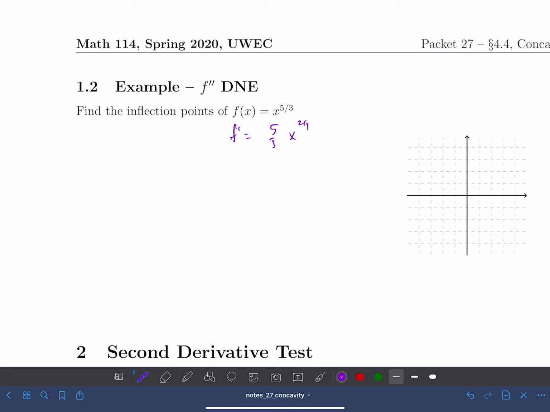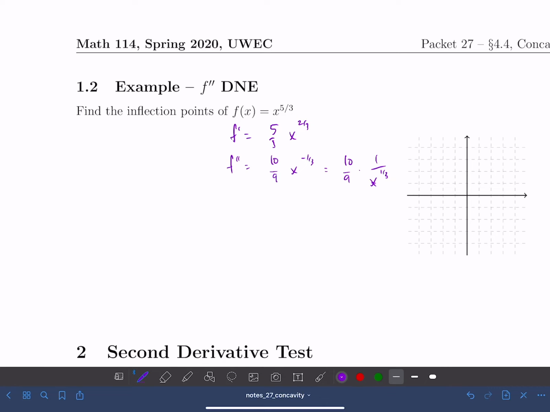So using the power rule, and then again, all right. So that's our derivative, just two applications of the power rule.